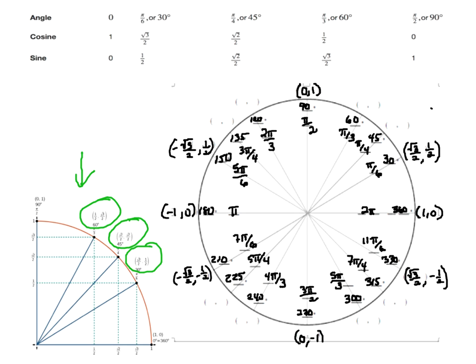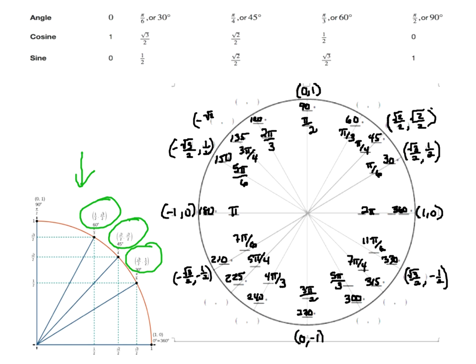Okay. My 90 triangle told me that the coordinates of that point on the unit circle are square root 2 over 2, square root 2 over 2. So now we just need to give positive and negative depending on what quadrant we live in.